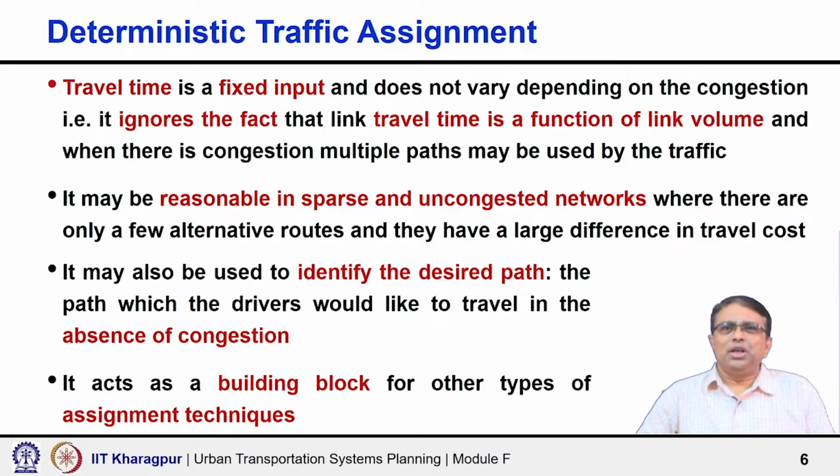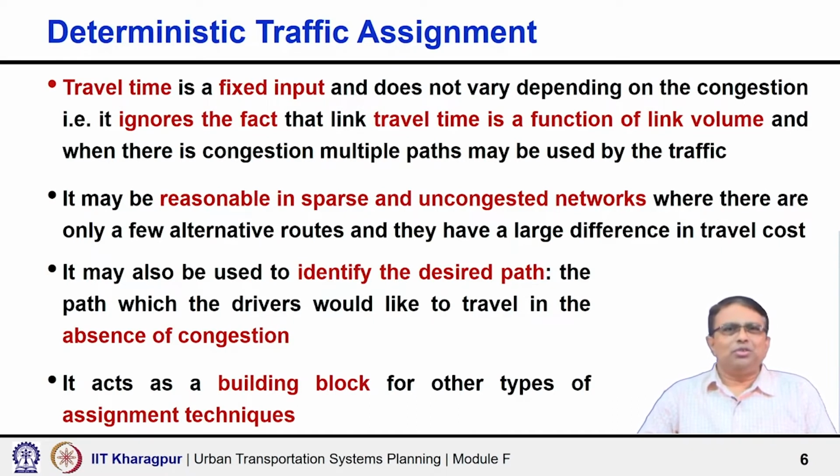That means you have alternatives with a significantly large difference in travel time, large enough so that even if the present shortest path travel time changes, the path still remains the shortest path.